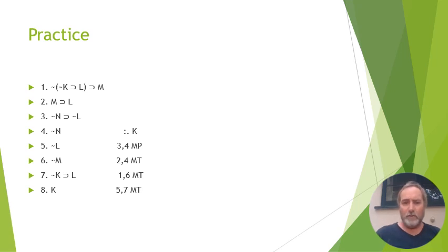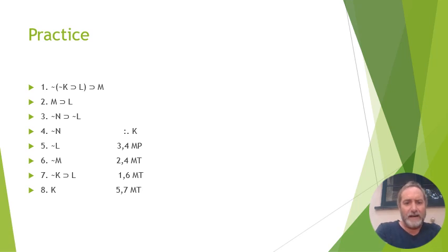You were given 1 through 4. You were told your goal was K. So how did line 5 come about? It says 3, 4 MP, but how did that work? Again, practice. The first goal is to just make sure you understand how he is allowed to write that on line 5, how he is then allowed to write that on line 6, and so on.